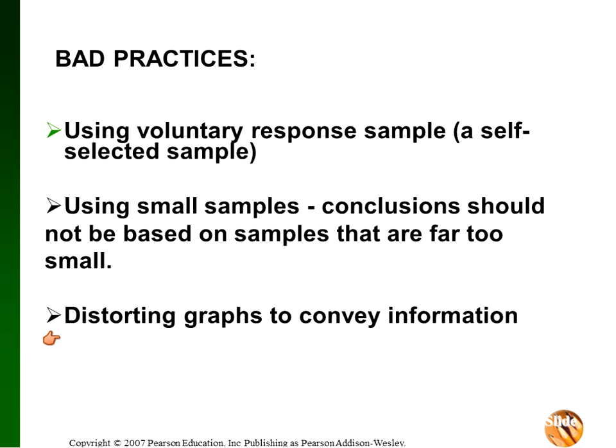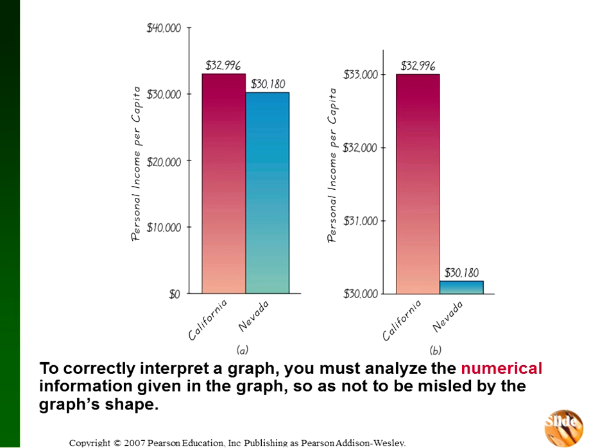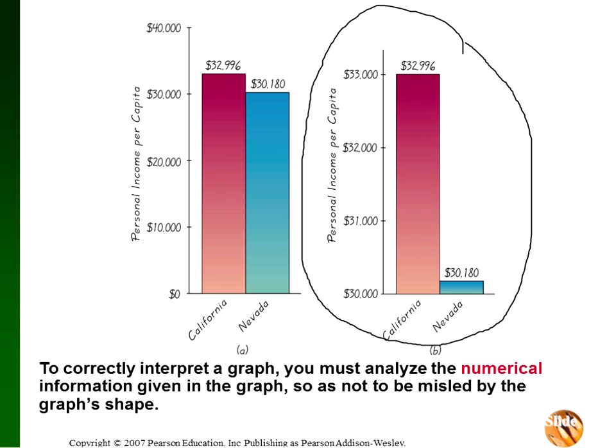And here's another one: distorting graphs to convey information. So let me show you that one. So these two graphs, when I look at them, wow, this one really catches my attention right here. Look how much higher that red bar is from the blue one.